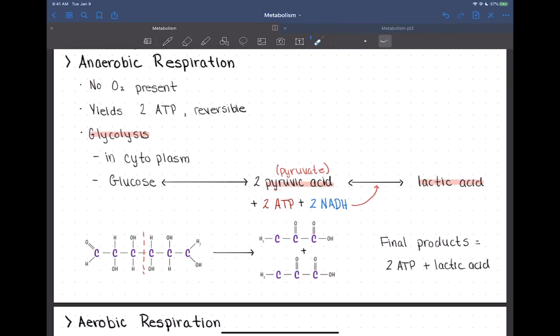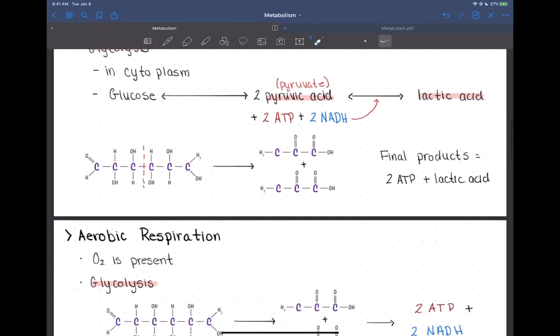So our final products are the ATP from here and the lactic acid that we just made. That lactic acid becomes a waste product that can be gotten rid of from the body, and the 2 ATP are the energy produced by anaerobic respiration. So that's anaerobic respiration when there's no oxygen.